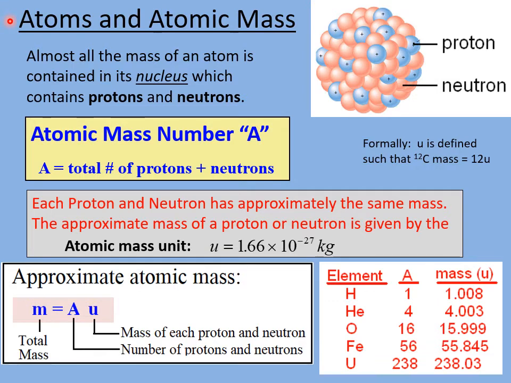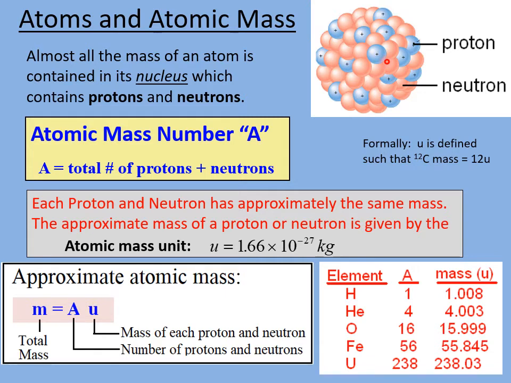So knowing the basics about the nucleus with the protons and neutrons in it, we can come up with a way to calculate the mass of an atom using something called atomic mass. It turns out that almost all of the mass of an atom is contained in its nucleus, which contains protons and neutrons. So what this tells us is that the electrons, which are orbiting around the outside, are very light compared to the protons and the neutrons.